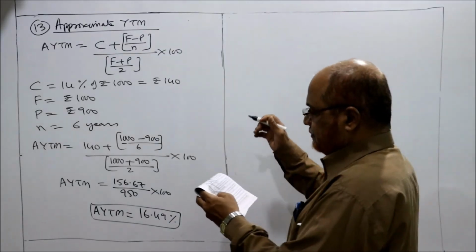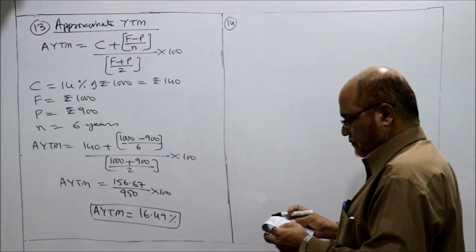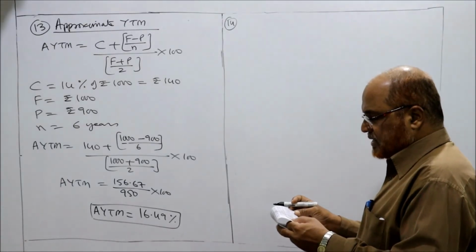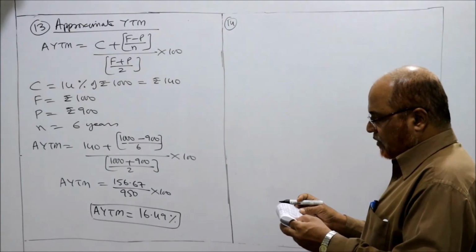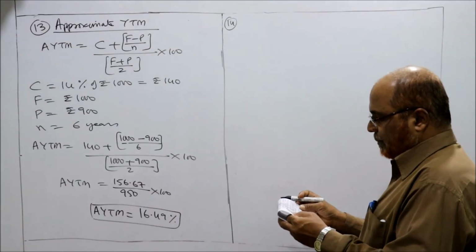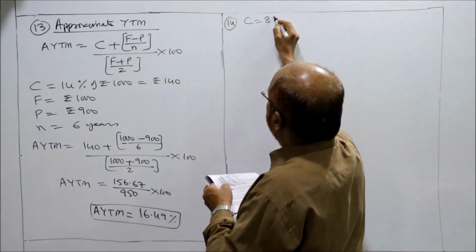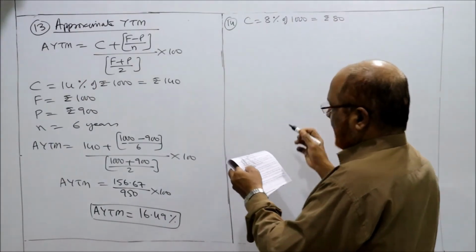Fourteenth problem. ABC Limited has rupees 1000 bonds that have a coupon payment of 8% in a single annual payment. So C is equal to 80 rupees.